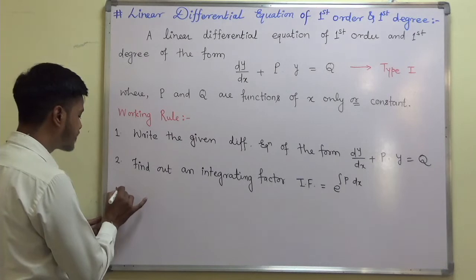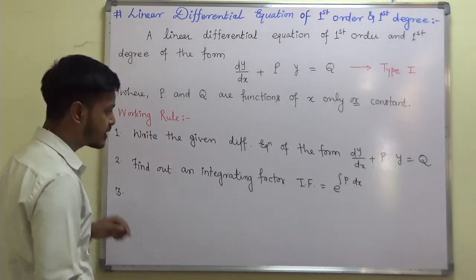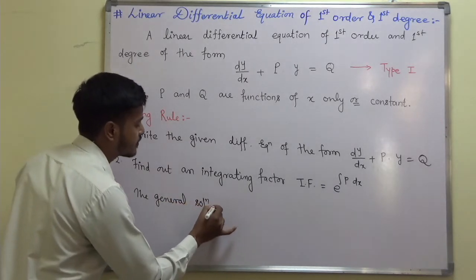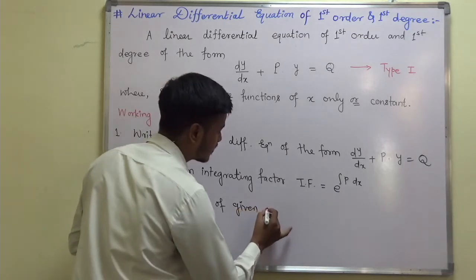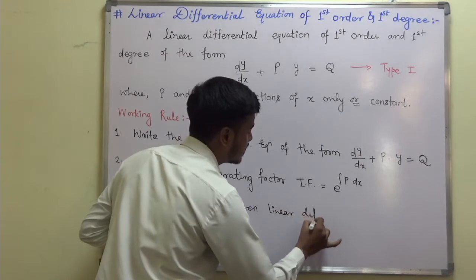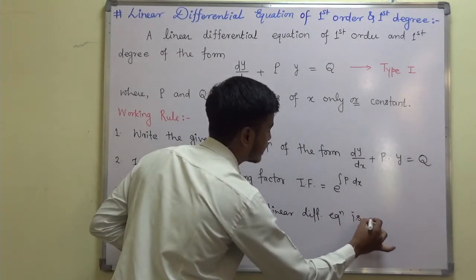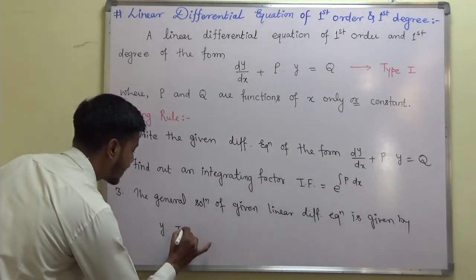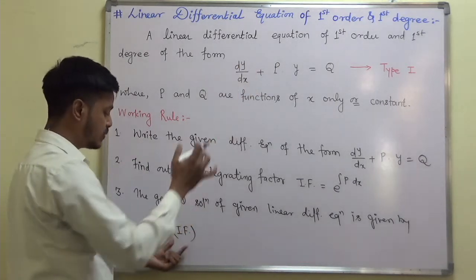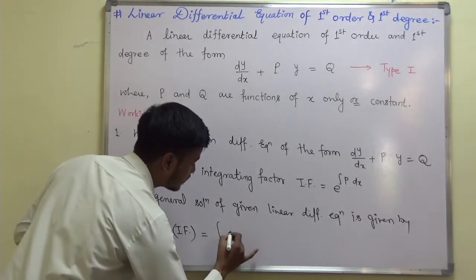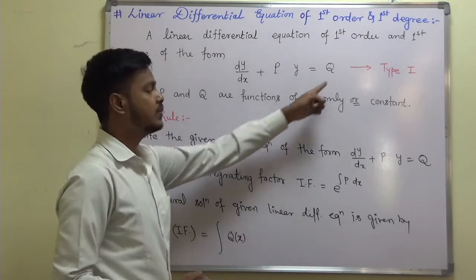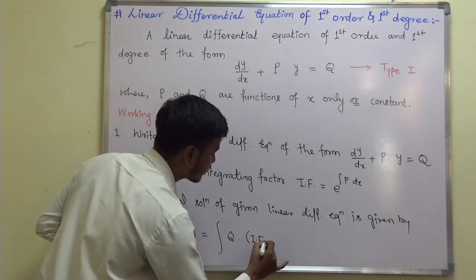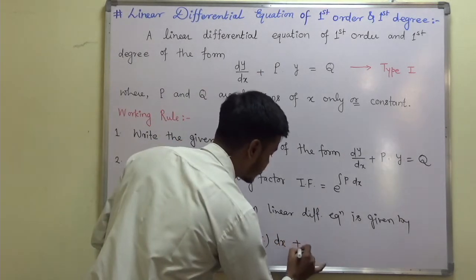And the third step is, the moment you have found the integrating factor, just write down the general solution of the given linear differential equation, which is given by y, the dependent variable, into integrating factor is equal to the integration of Q of x into integrating factor dx, plus the constant term.